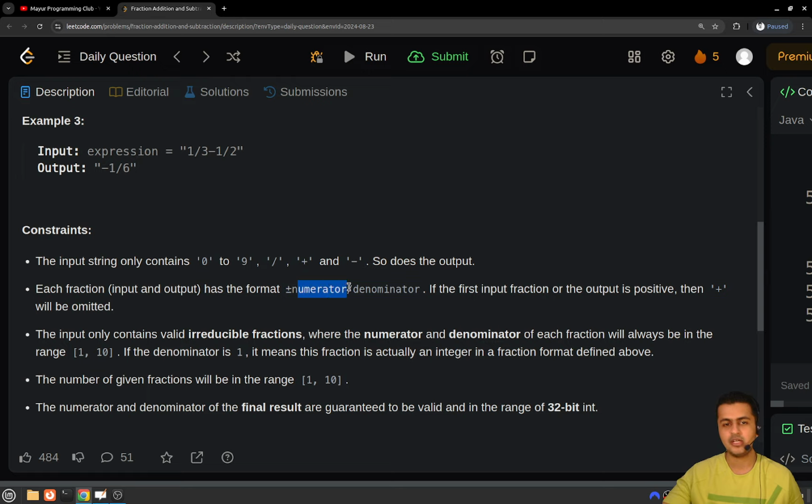Then there will be a numerator, then this slash symbol, and then the denominator. The thing to be noted is that for the first fraction, or of the output, if it is positive, then this positive sign will be omitted. For example, here this fraction was positive and it was the first one, so that's why we omitted the plus sign. I hope you are able to understand till here.